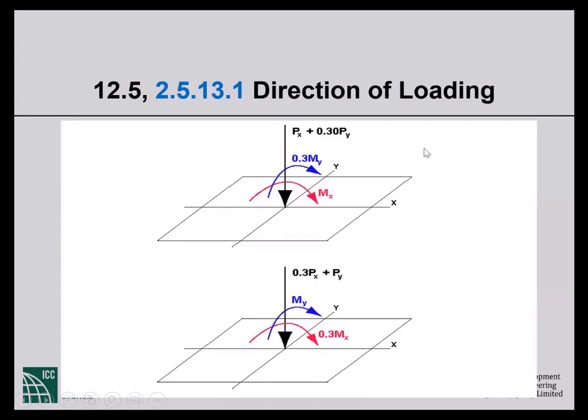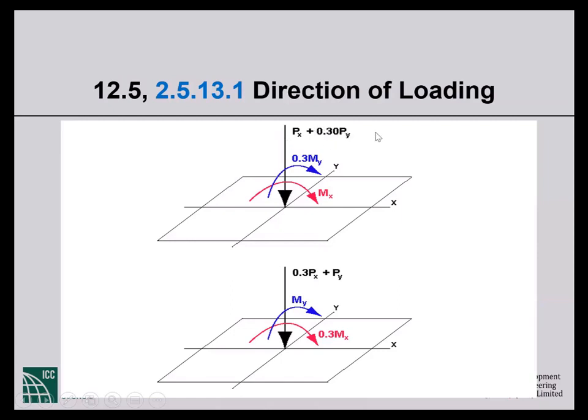Now, when we say 100% plus 30% for this column, 100% of the effect of X earthquake and 30% of the effect of Y earthquake, the axial forces are additive. We take 100% of the axial force caused by X earthquake, add it arithmetically to 30% of the axial force caused by the Y earthquake.